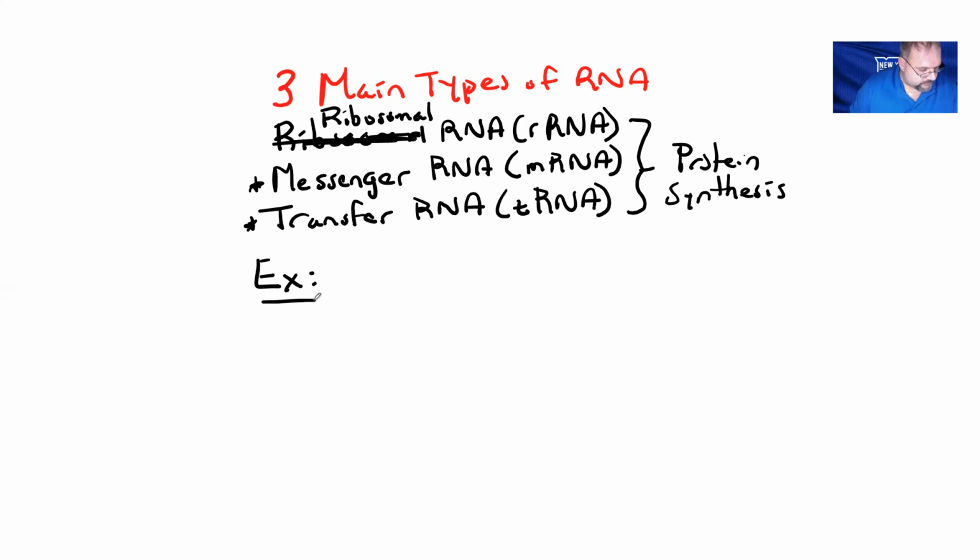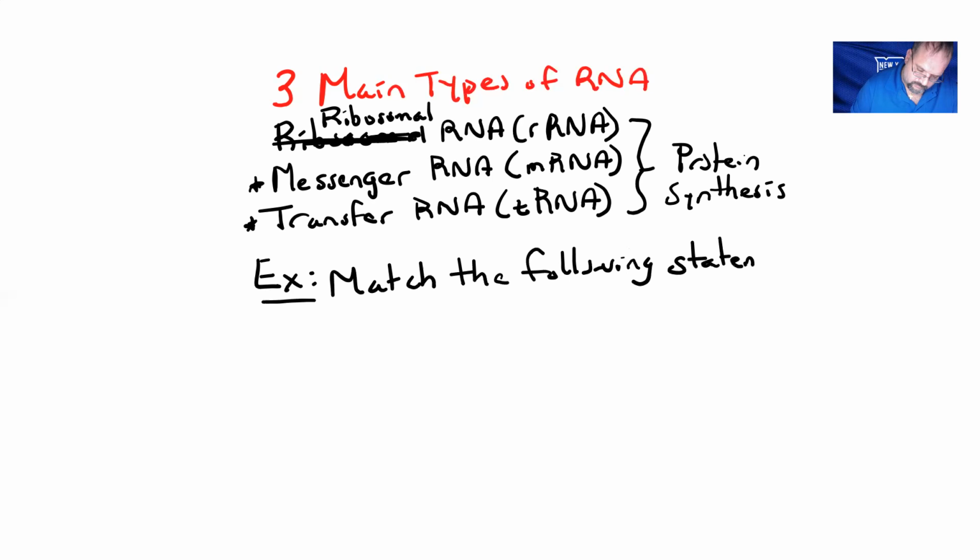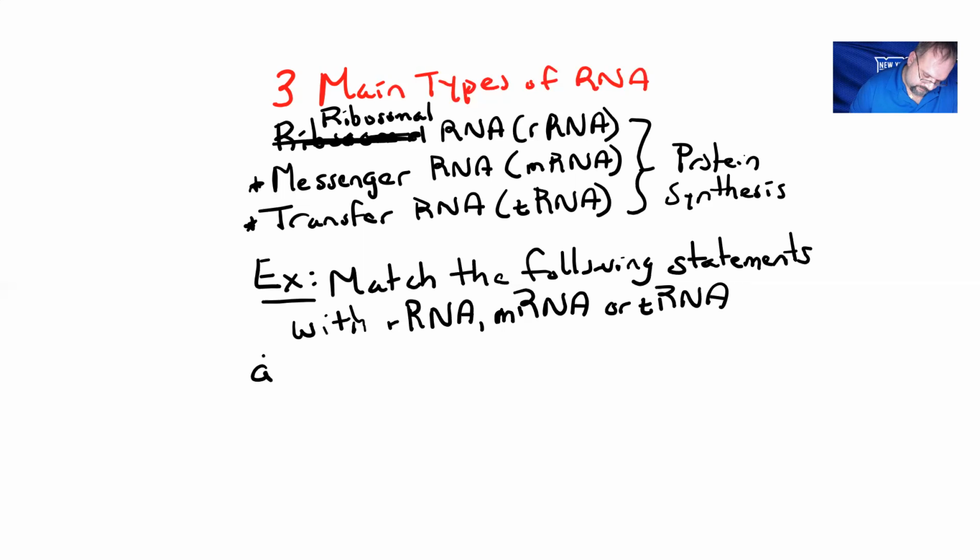All right. So in this question, what we want to do is match the following statements with ribosomal RNA, messenger RNA, or transfer RNA. All right.